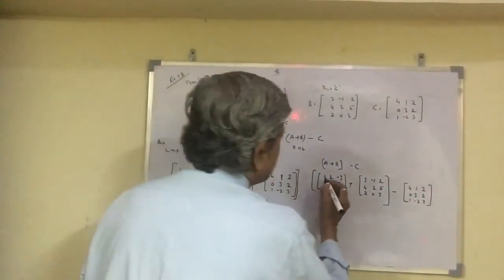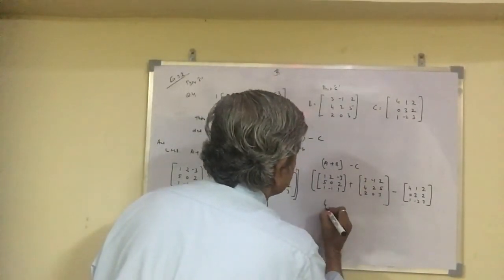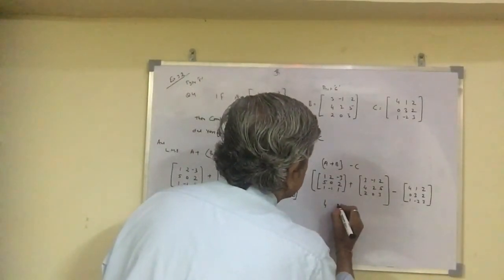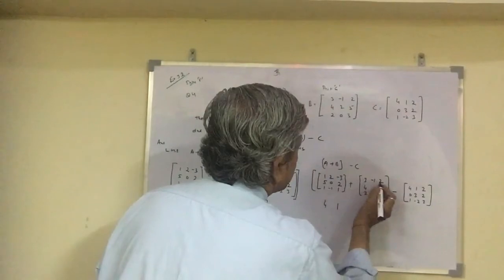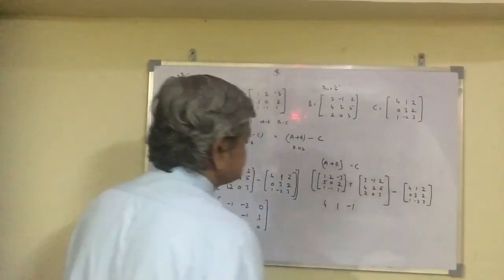Now, after adding these two, you would find 1 plus 3 is equal to 4, and 2 plus minus 1 gives you 1, minus 3 and plus 2 gives you minus 1.